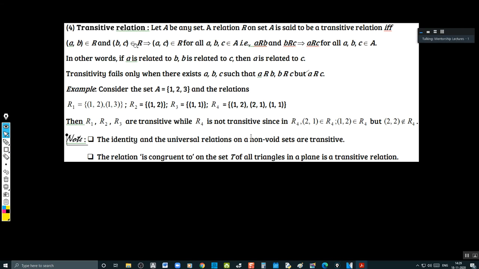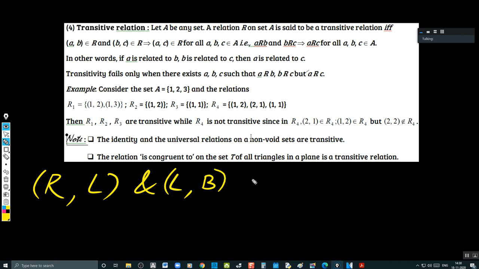Transitive relation. This also I discussed already. Rama is brother of Lakshmana and Lakshmana is brother of Bharat, implies Rama is brother of Bharat.